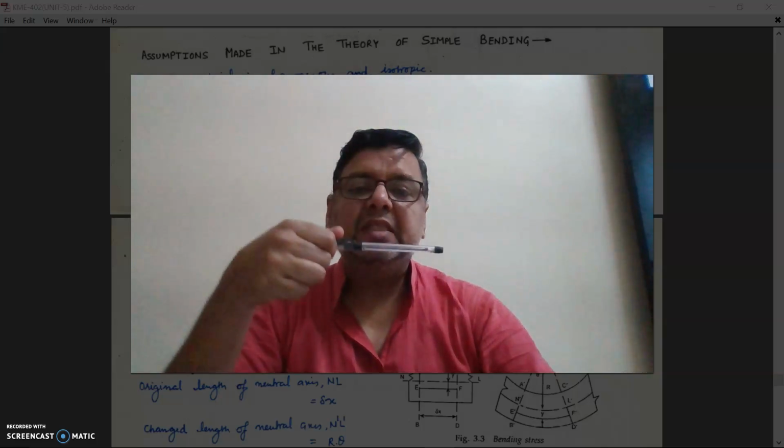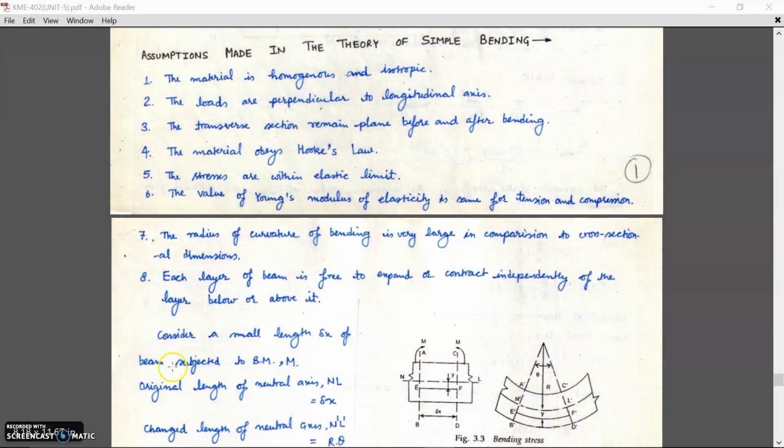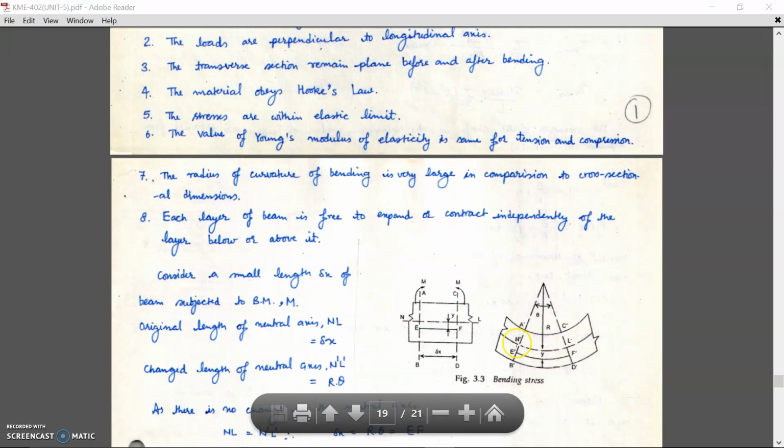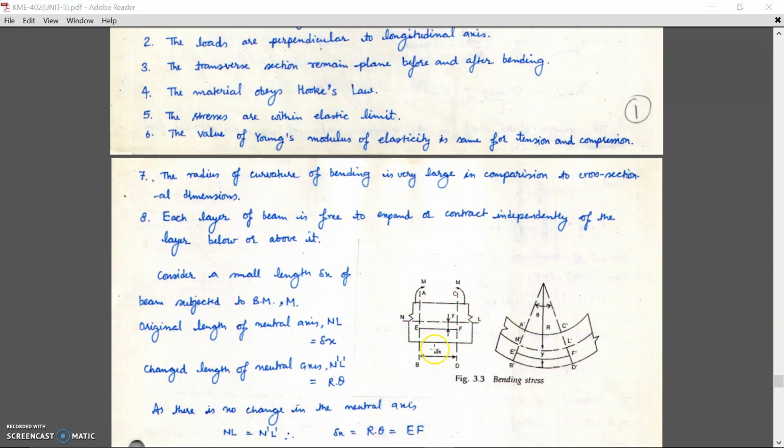So if I apply a sagging bending moment, then let us say this is one portion of my beam, and in this portion, this may be the center line, and this center line is that line on which there is no force experienced, right?